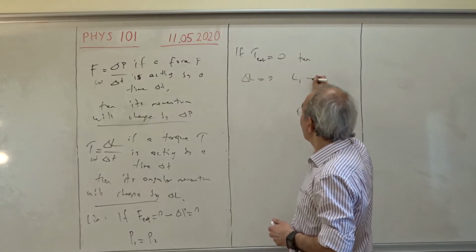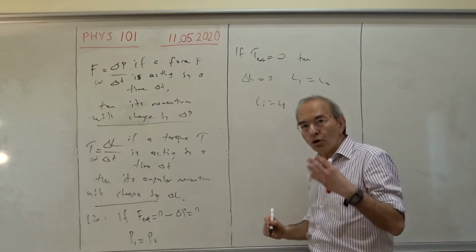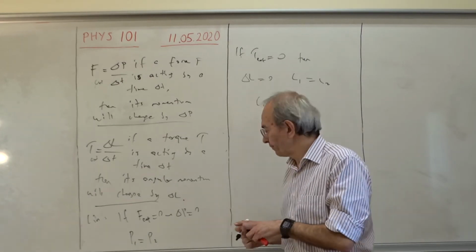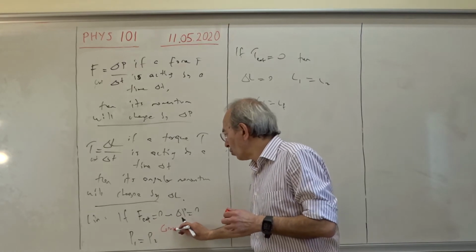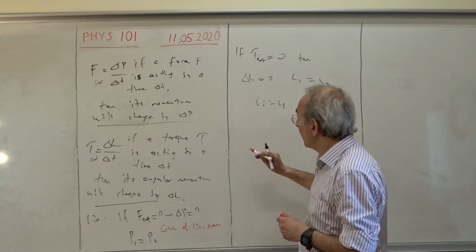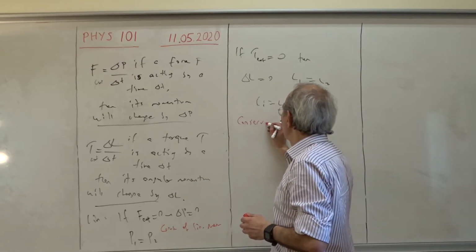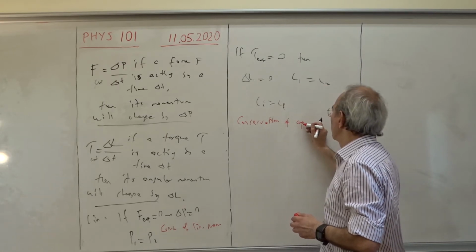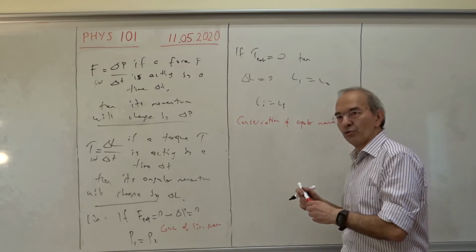Delta L means L2 minus L1, so they are the same, or L initial equals L final. Conservation of angular momentum. This is conservation of linear momentum in the case of no external force. Here we have conservation of angular momentum.